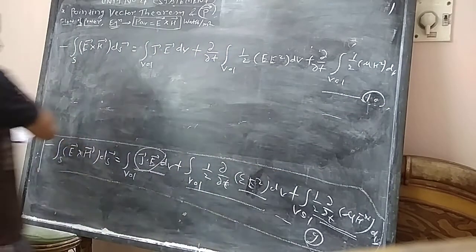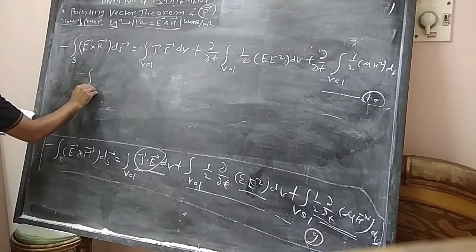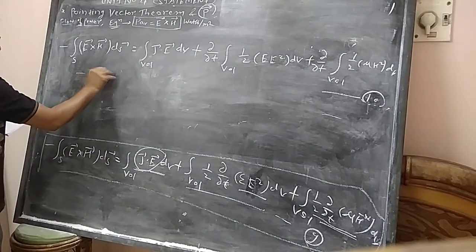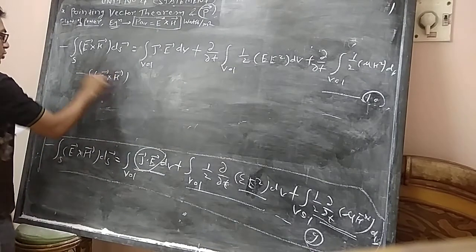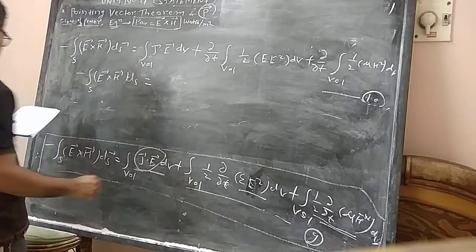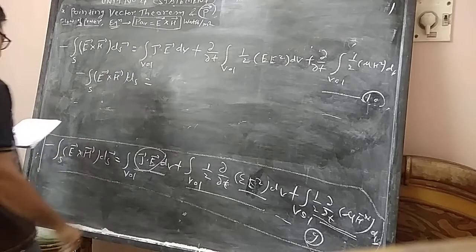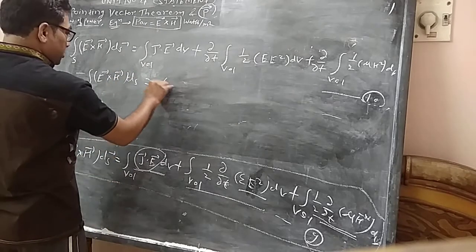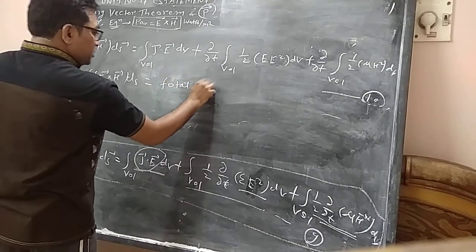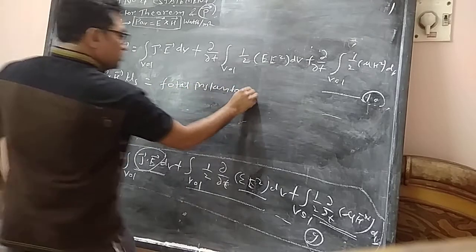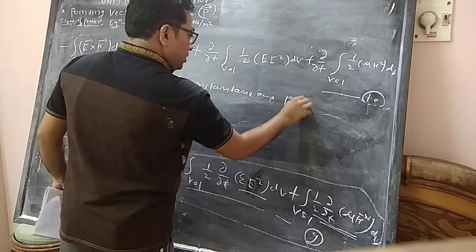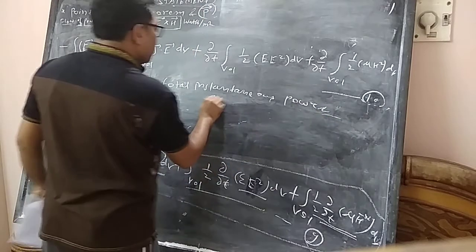So minus of the surface integration of E vector cross H vector into ds is equal to the total instantaneous power entering the surface.